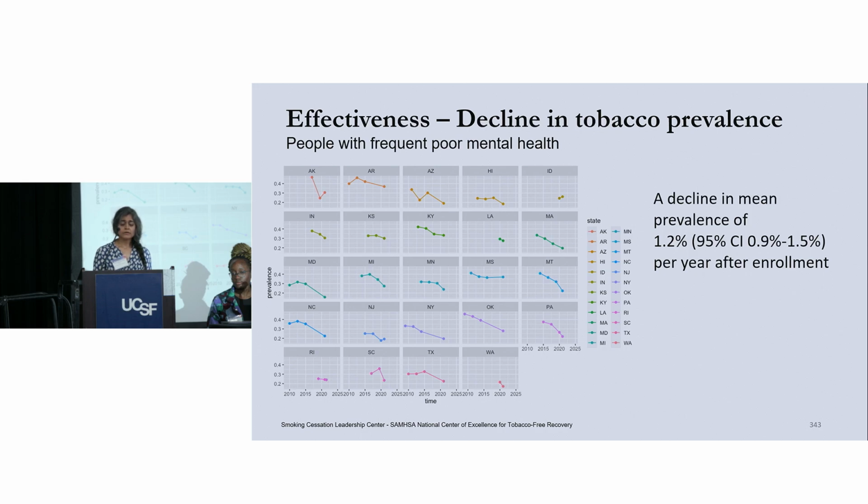So this is looking at the decline in tobacco prevalence among people with frequent poor mental health, which is a category in BRFSS. You can see that most states had a decline in their tobacco prevalence among people with frequent poor mental health after participating in the summit and the leadership academies. And this was a mean decline of about 1.2% per year after enrollment.